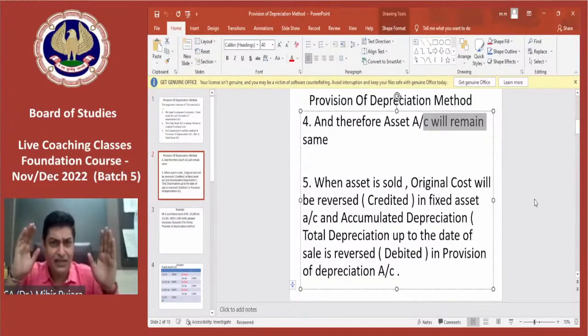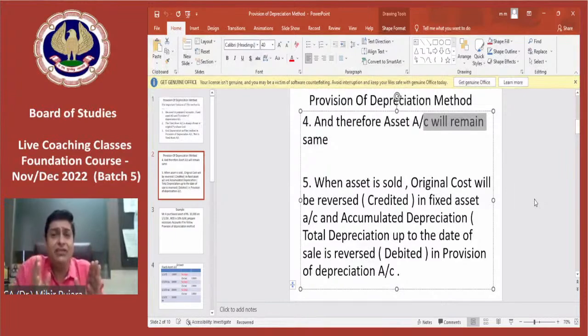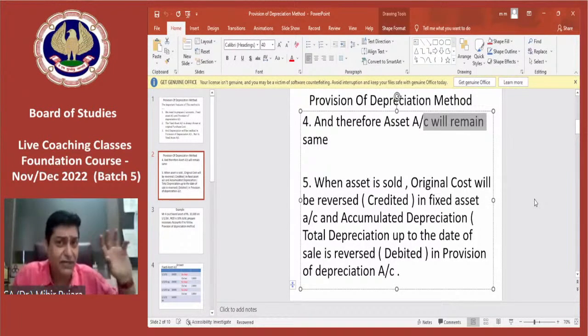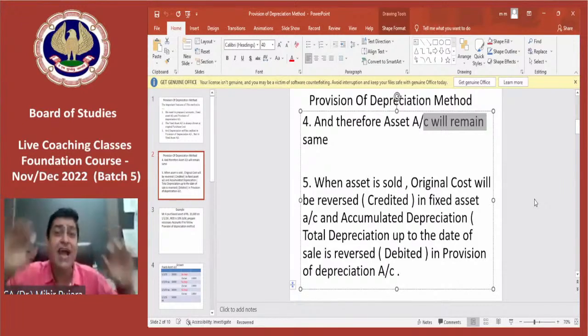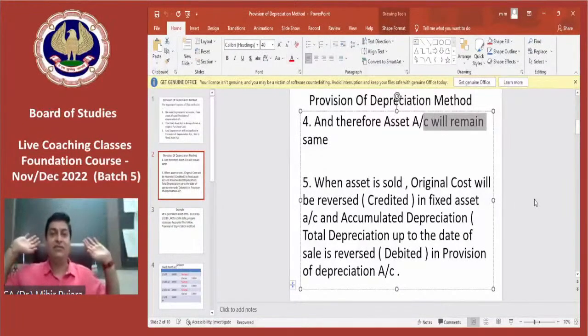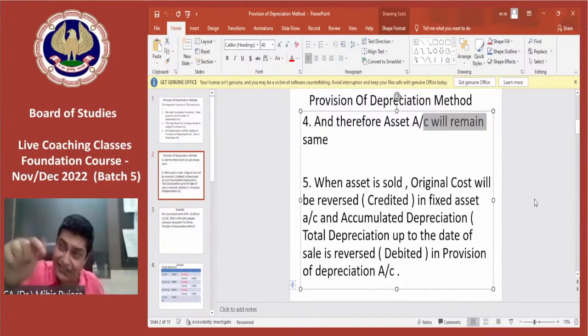So your asset account will be shown at original cost. Whatever purchase you make in the asset account, it will be shown at original cost, and on the credit side no depreciation. So in this method the asset account is always at original purchase cost, not after depreciation, because depreciation is separately credited in the provision of depreciation account.